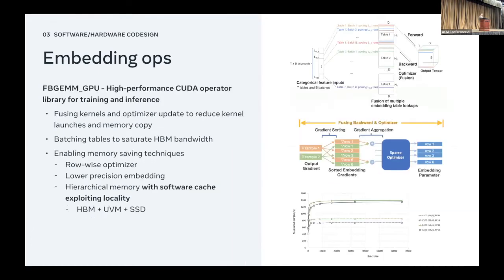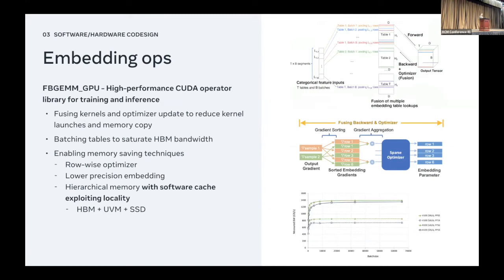So we went and implemented a set of high performance CUDA operators for embedding lookup and corresponding memory layout changes. We did so by fusing kernels and optimizers, saving one trip to the memory, batching more tables in one kernel in order to saturate HBM bandwidth, and enabling more memory saving techniques.